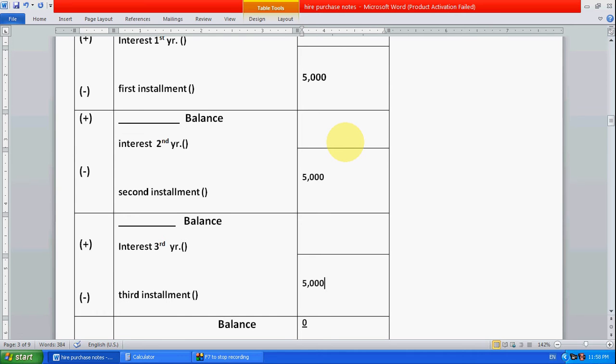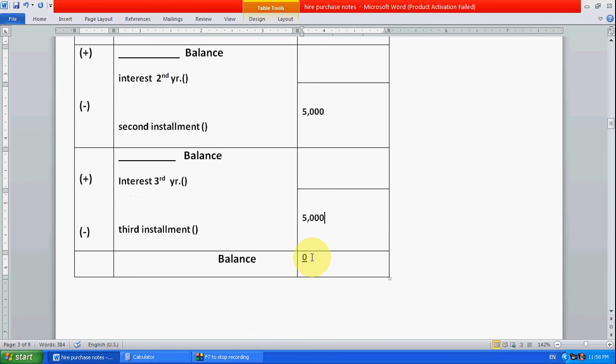After paying the third year installment of 5,000, the balance will be 0. So after adding interest, the balance before it will be 5,000. We have to pay the remaining 5,000, that's why we have paid the last installment of 5,000, after which it became 0.